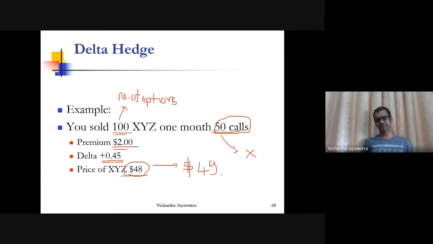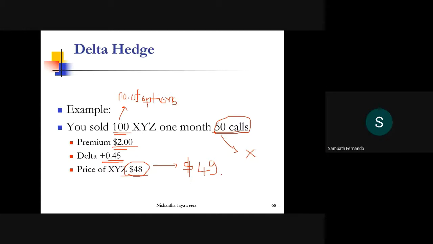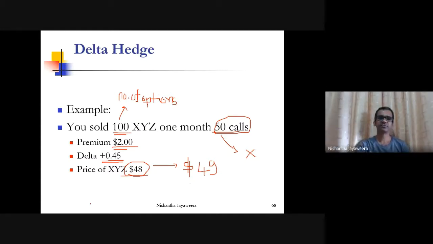What changes? What else other than this underlying asset price? What else changes? The premium changes. Would it go up or go down?